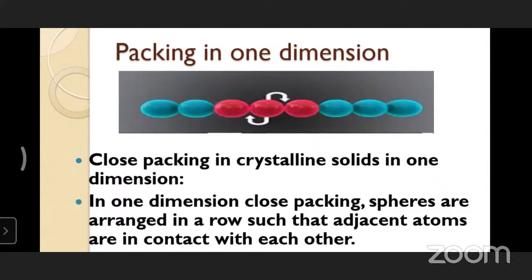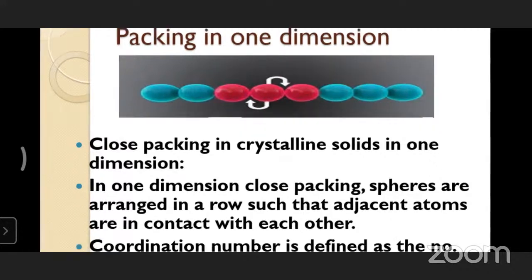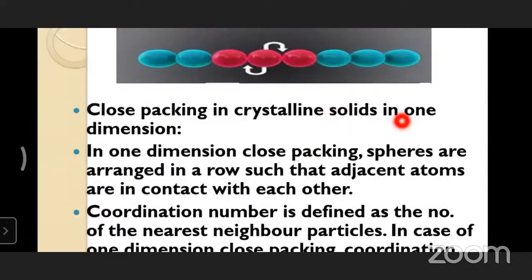Okay, fine. Then see close packing in crystalline solids in one dimension. This is in one dimension, only in one direction. This type of packing may be available in the unit cell. In one dimensional close packing, spheres are arranged in a row. See, in a row these spheres are arranged, yes, such that adjacent atoms are in contact with each other.